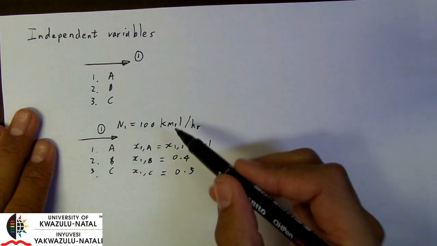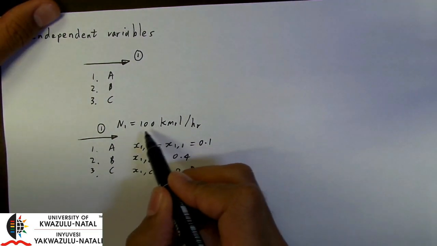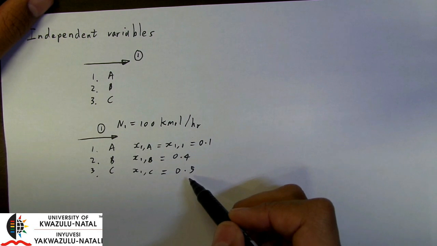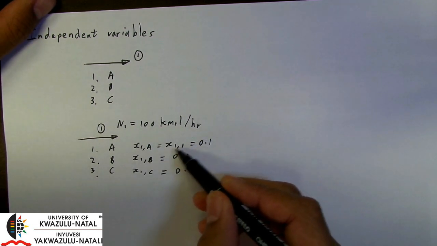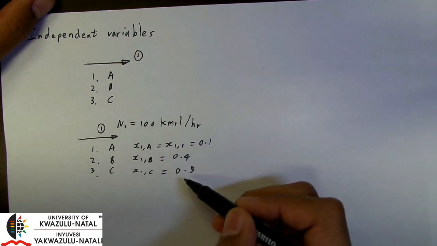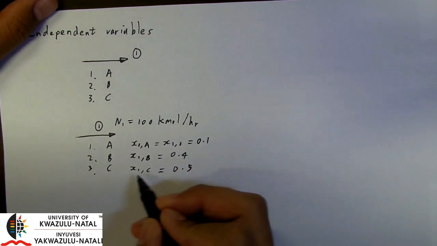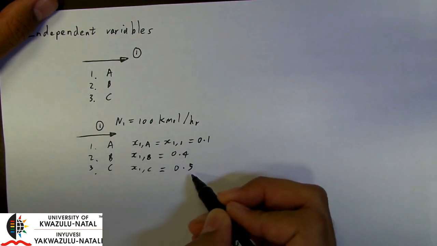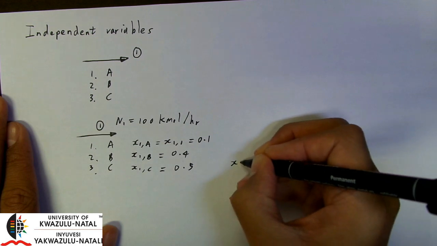Now, one thing worthy of note is that we have a total flow rate and we have 3 compositions. However, we know that our compositions must add up to 1. So it was quite unnecessary for them to tell us that the composition of C is 0.5. We could very easily just determine this.